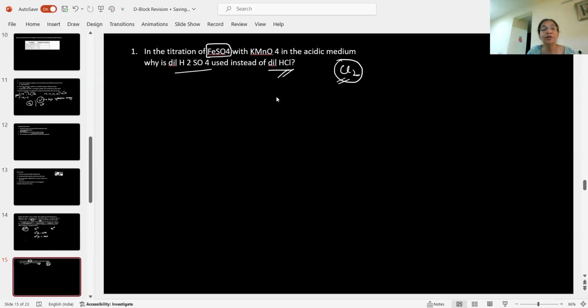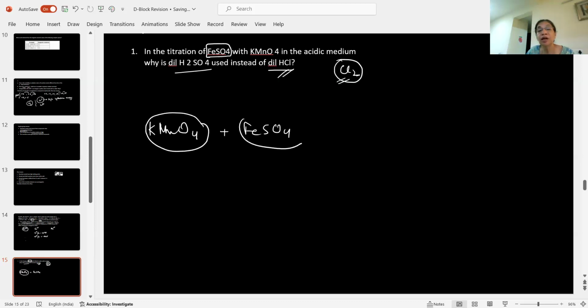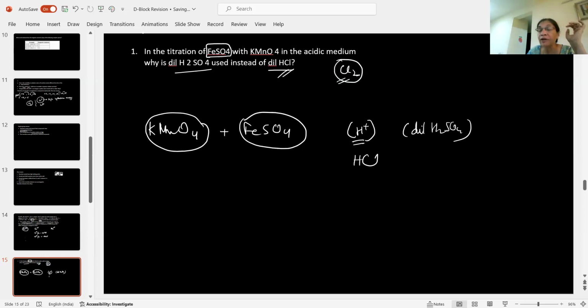So what I mean to say is, you are having a reaction with KMnO4, and by titration you want to find out how much KMnO4 is used to oxidize FeSO4. Now, in acidic medium, we say only acidic medium, so we assume that H+ only is in the acidic medium. We don't consider HCl here. Here it is understood that it is dilute H2SO4. Why don't we take HCl?